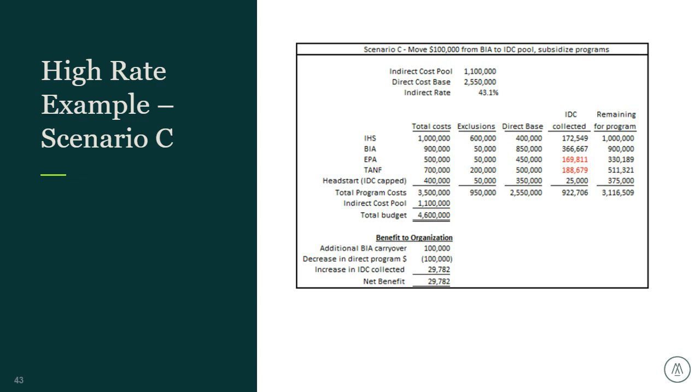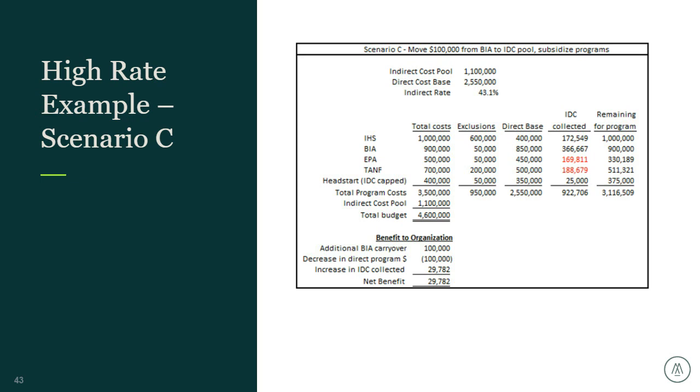Using this scenario and considering our recalculated ending balances, we came to the conclusion that it is still beneficial to the organization because of the additional BA carryover; we still have the same $100,000.